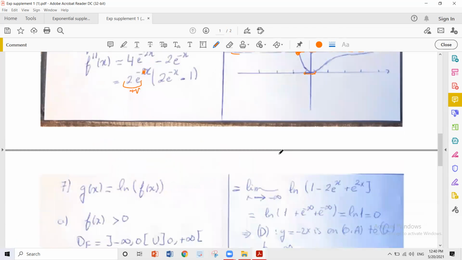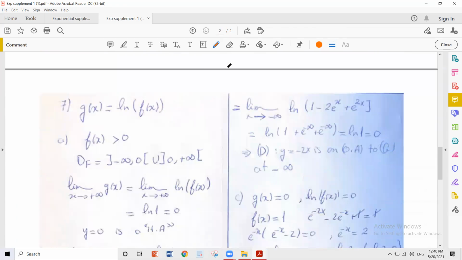No, at 0 it is 0. So the domain of definition of the function g of x equals ln f of x is, graphically, minus infinity to 0 union 0 to plus infinity.